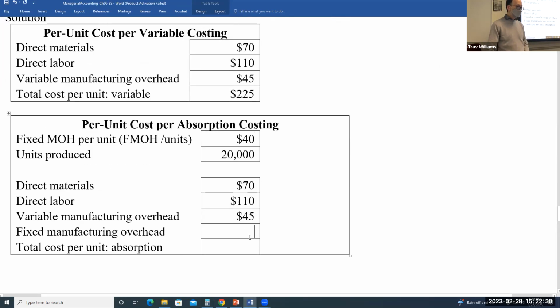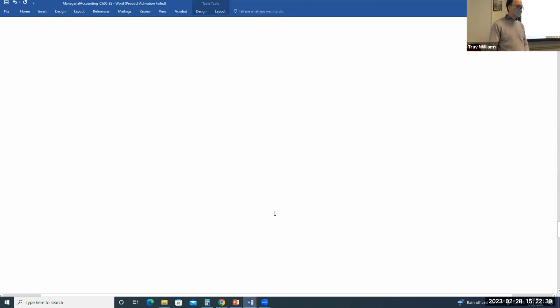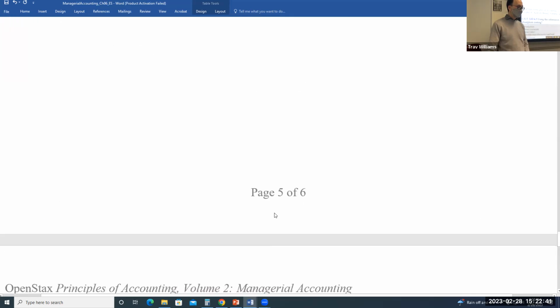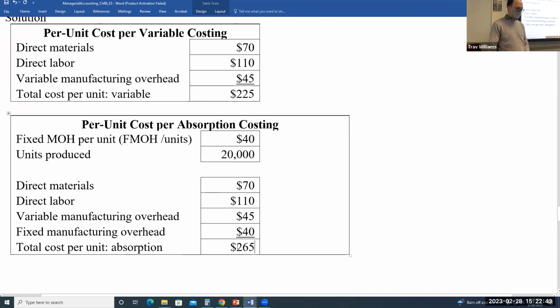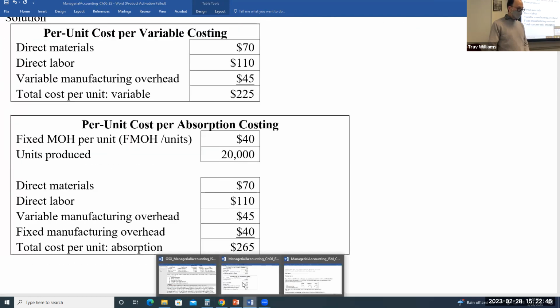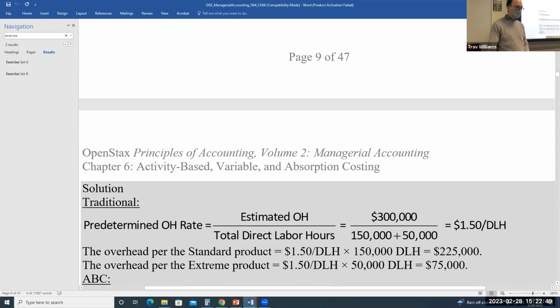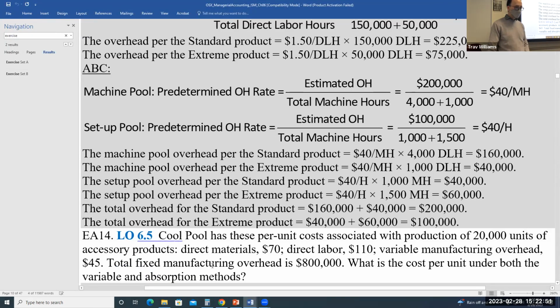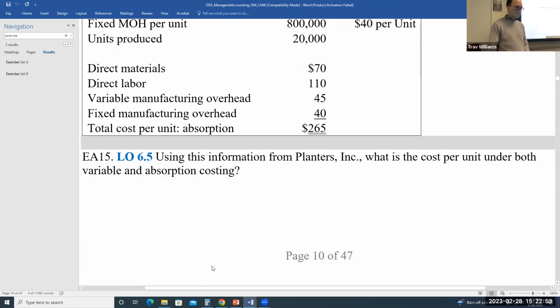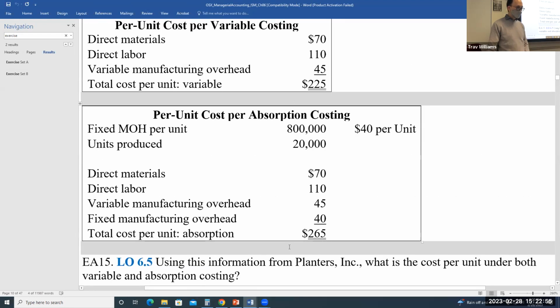We plug that in down here, and our total cost per unit using the absorption method is $265, right? That's it, we'll just double check that. So we had 225 for variable, 265 for absorption.